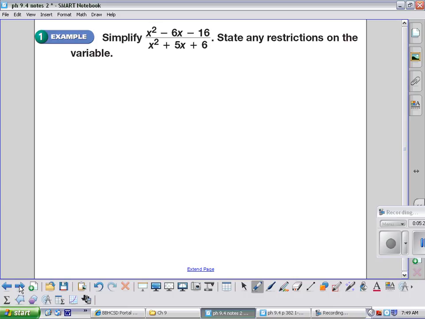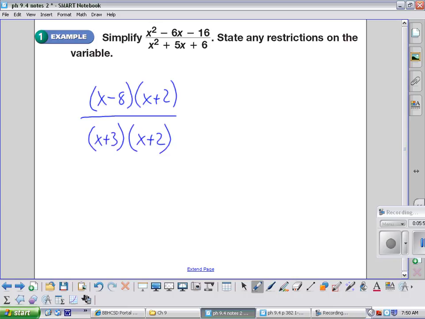All right? So if I want to do this, basically the first thing I need to do is factor the top and bottom. Okay? So things that multiply to negative 16 and add to negative 6. So we've got x minus 8, x plus 2, over on the bottom, things that multiply to get to 6 and add to get to 5. x plus 3, x plus 2.